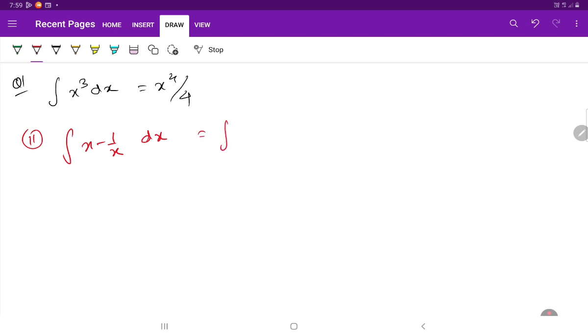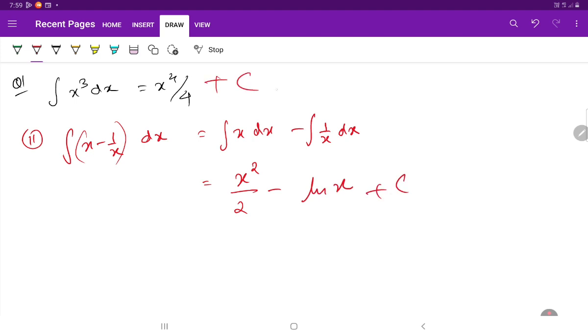It will come out to be integration of x dx minus integration of 1 by x dx, just by separating the functions, because the operator in between is a plus or minus operator. Now, separately integrating, you will get x square by 2 minus ln x, since integration of 1 by x is ln x, plus c, of course not forgetting the c at the last.